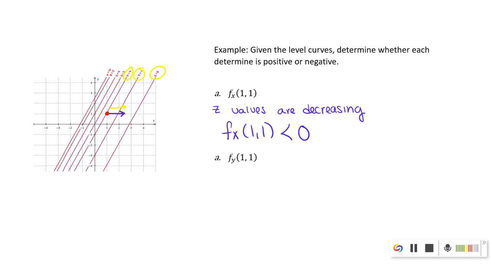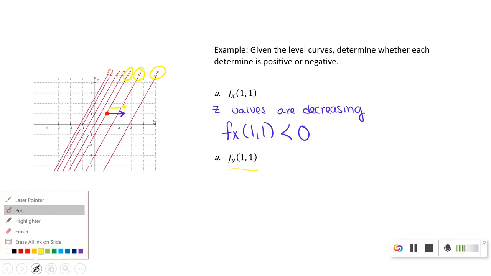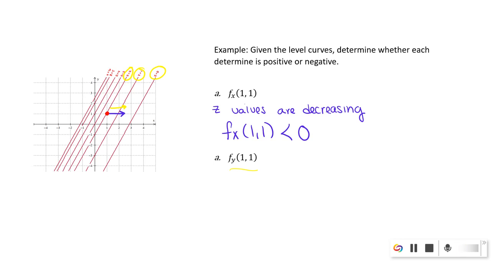All right, so what about our derivative with respect to y at that exact same point, the point 1, 1? Feel free to pause the video and see if you can find the answer on your own. But this is how I would solve it. Now we want to know what is happening as we move in the y direction.